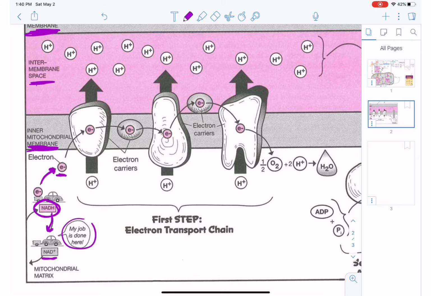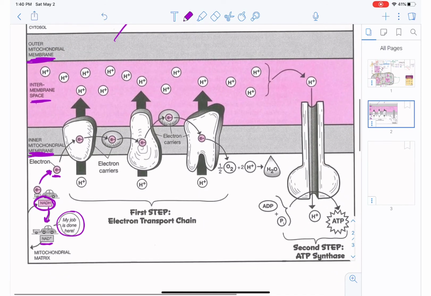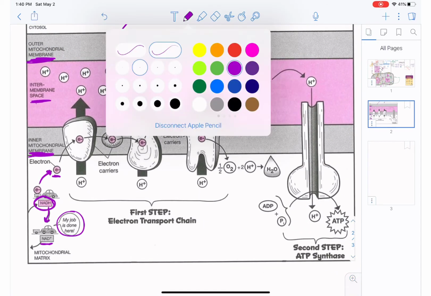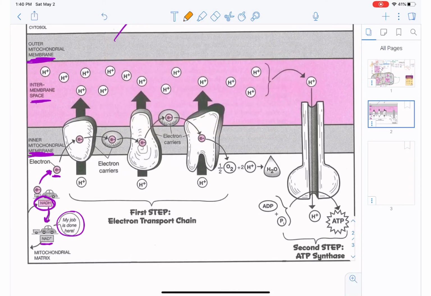Like it says, my job is done here. Then what happens is these electrons move through these structures in the inner mitochondrial membrane called electron carriers.